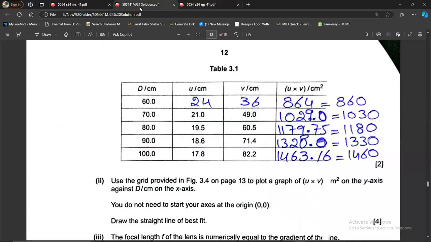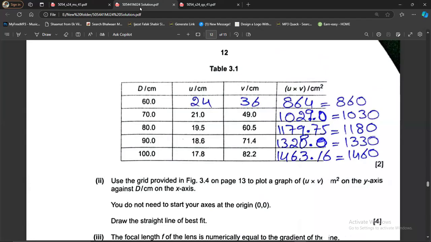So multiply 24 with 36, you get 864, and that is 860. 21.0 multiply 49.0 is 1029, that is 1030. 19.5 multiply 60.5 is 1179.75, this is 1180. 18.6 multiply 71.4 is 1328, so that's 1330. 17.8 multiply 82.2 is 1463.16, that is 1460.